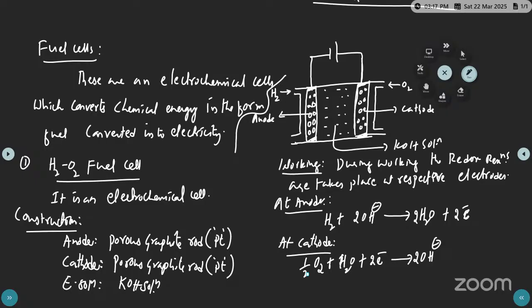Half O2 plus H2O plus 2 electrons involves in the reduction reaction and produces 2 OH minus ions.